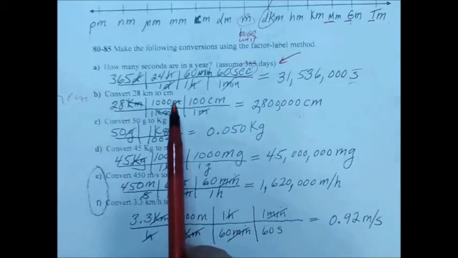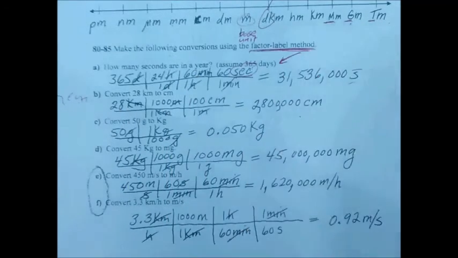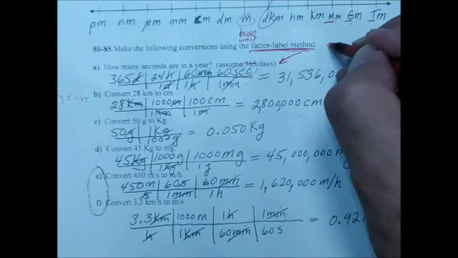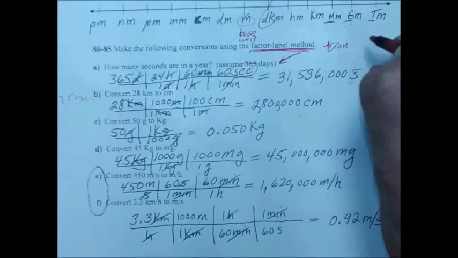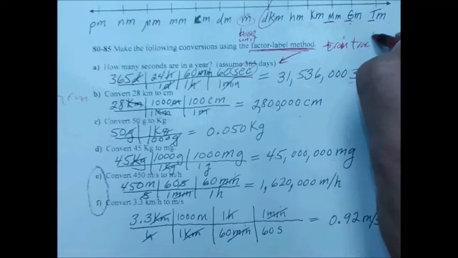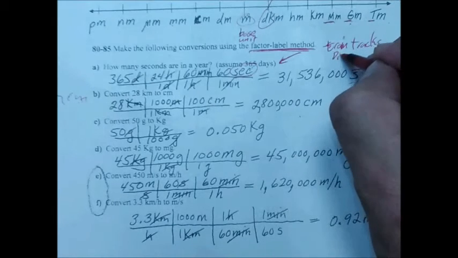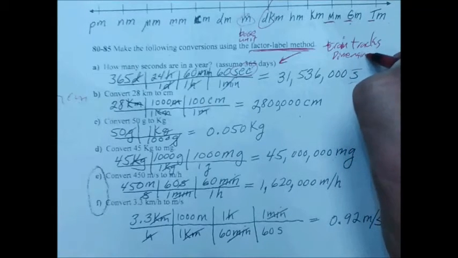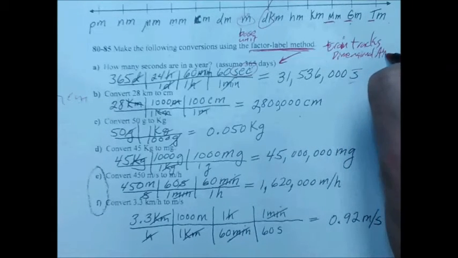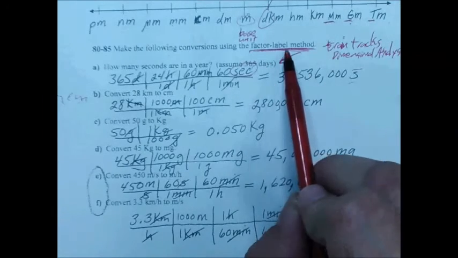But instead, we're going to use the factor label method, which is essentially unit conversions or train tracks. We call this train tracks, or dimensional analysis. This is also called dimensional analysis, or factor label method.